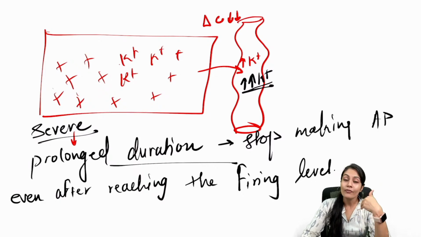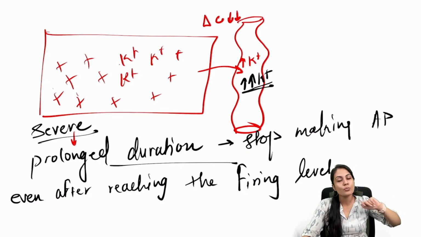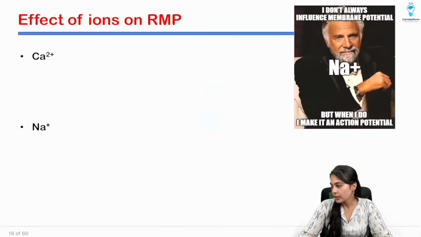Over here, first it will produce the action potential, but after some time it will stop making the action potential if it is prolonged, okay. So this is known as persistent depolarization, which will stop making the action potential because the cells get adapted to the new set point, okay. So this is a different scenario over here.